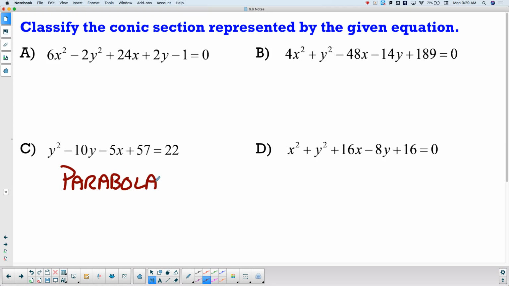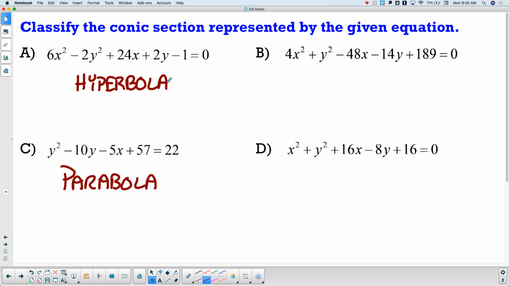A hyperbola has the two squared terms separated by a subtraction sign. Which one of those three now is the hyperbola? A, because it's got the subtraction sign. Circles and ellipses: circles have the same coefficient on the squared terms, ellipses have different coefficients on the squared terms.